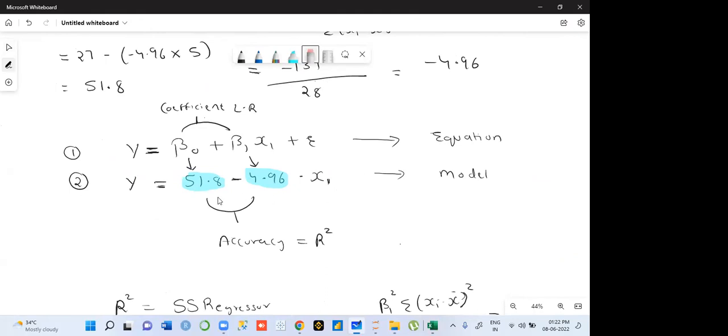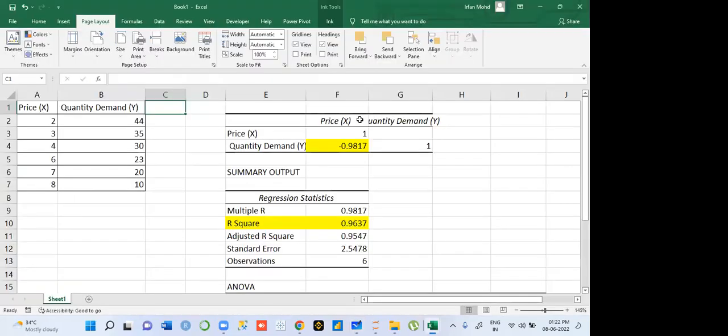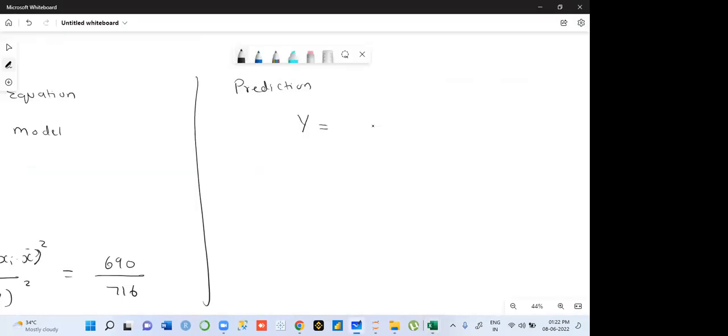Can I say this is the equation we have found? Y is equal to beta naught minus beta 1 x. What is the first value of x, guys? Can you give me the number, please? Right over here, prediction. Equation y is equal to 51.82 minus 4.96 into x1. What is the first value of x, guys?